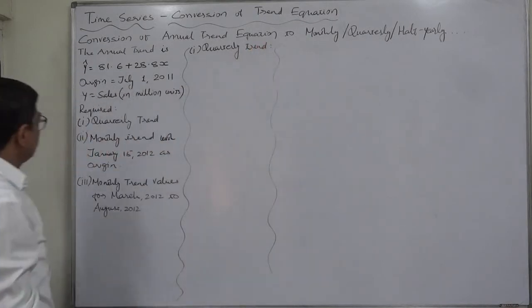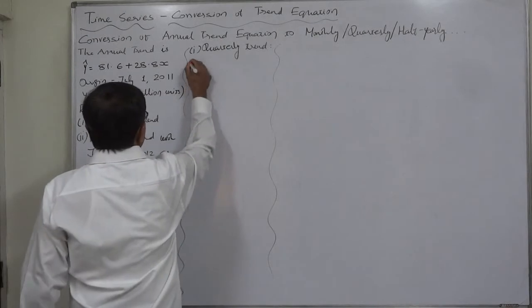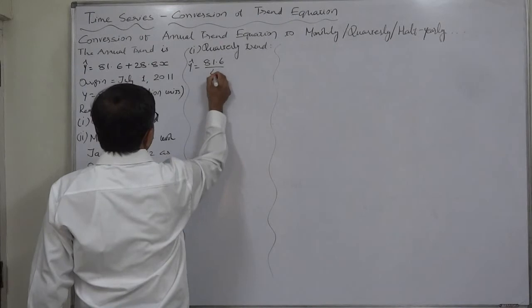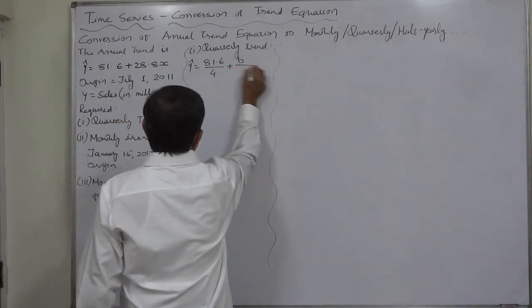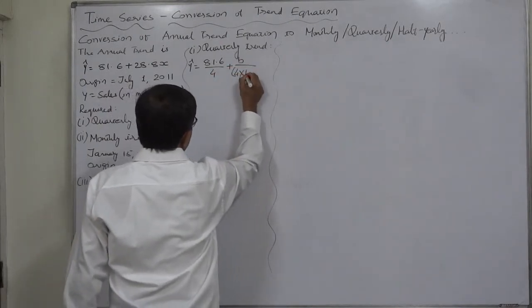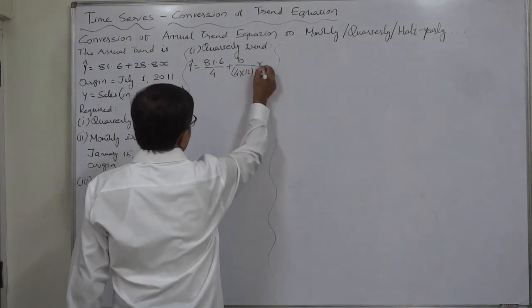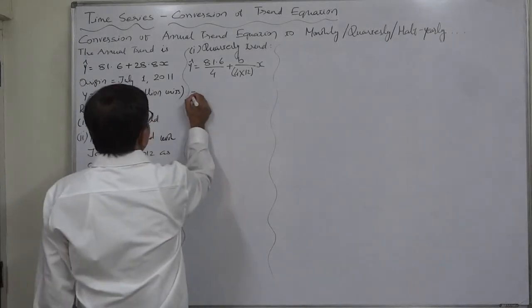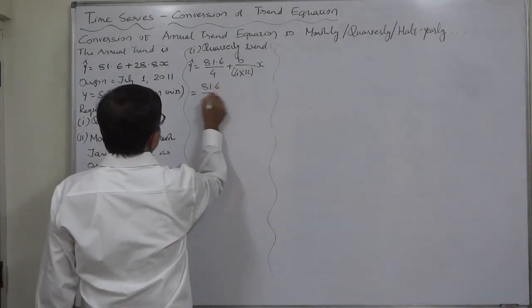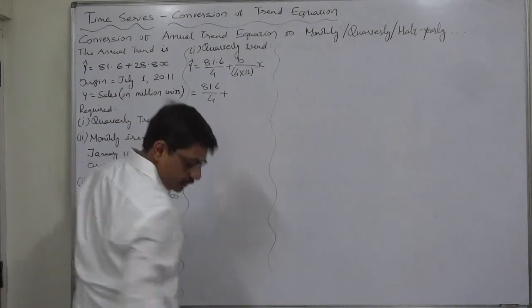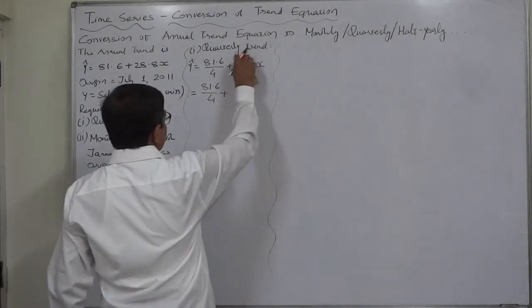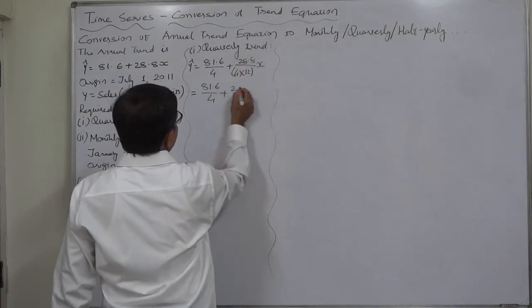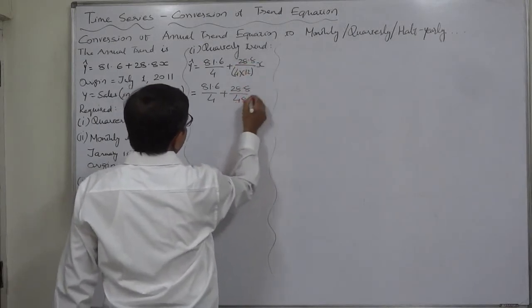To get the quarterly trend, first we need to divide A by 4 plus B divided by 4 for quarter and then 12 for monthly X values. So ultimately it will be 81.6 divided by 4 plus, sorry, I wrote B, I should write 28.8 here, 28.8 divided by 48x.